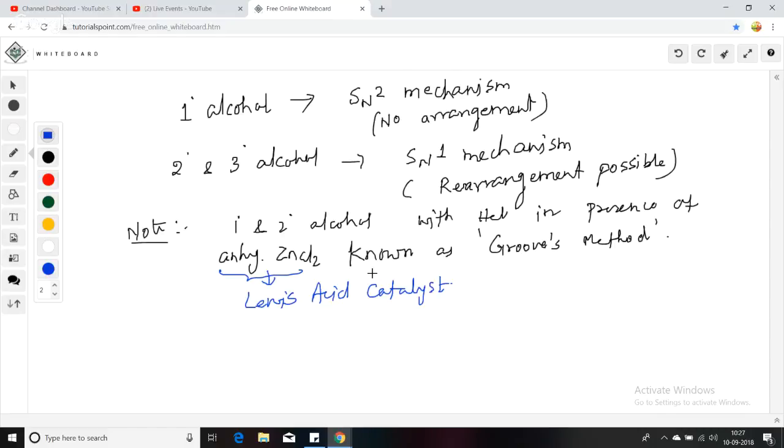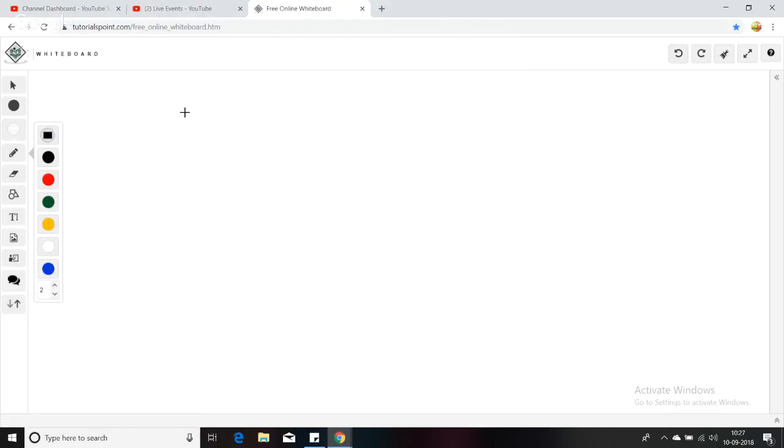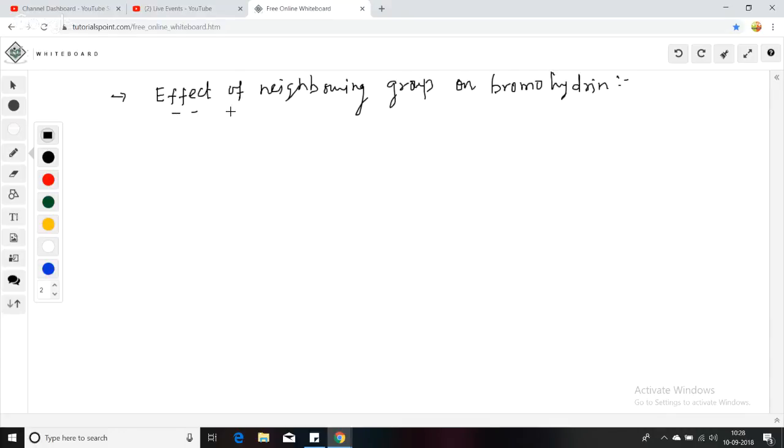Now you see, I hope you have all copied this particular thing. Now for JEE or JEE Advanced point of view, just try to understand this fact over here on the basis of this reaction, and that is the effect of neighboring group on bromohydrin.